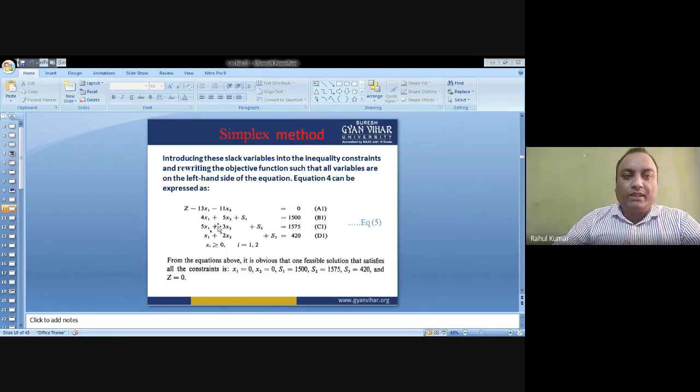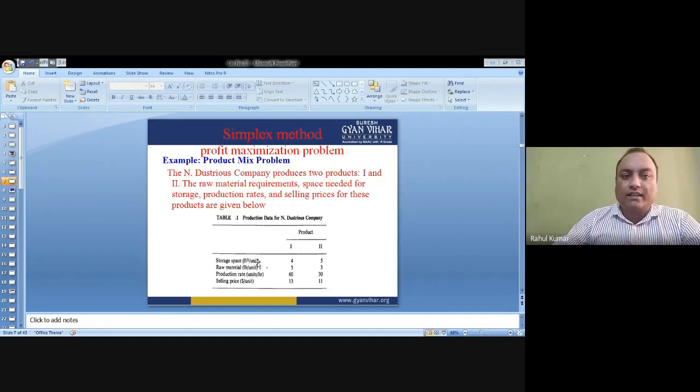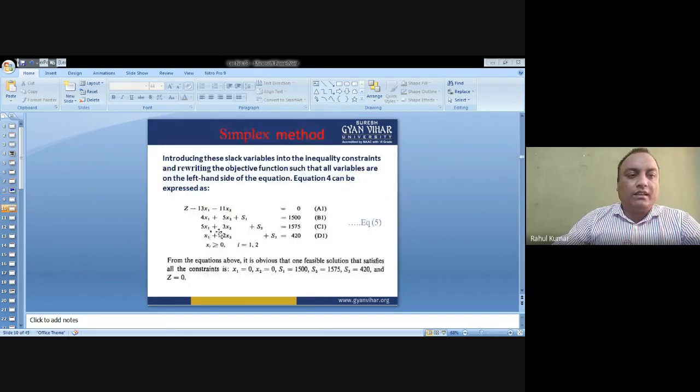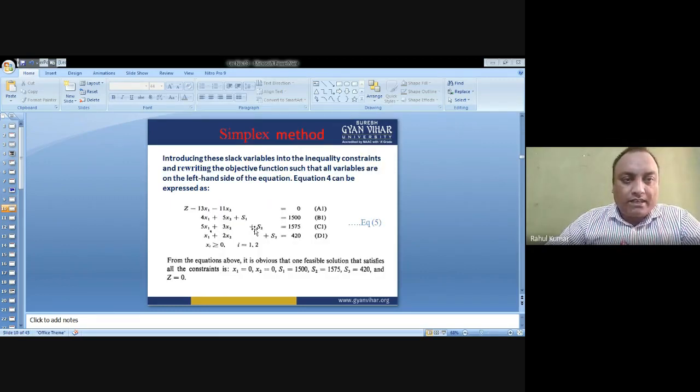Similarly, in the next case, 5x1 plus 3x2 plus S2 equal to 1575, for the raw material.